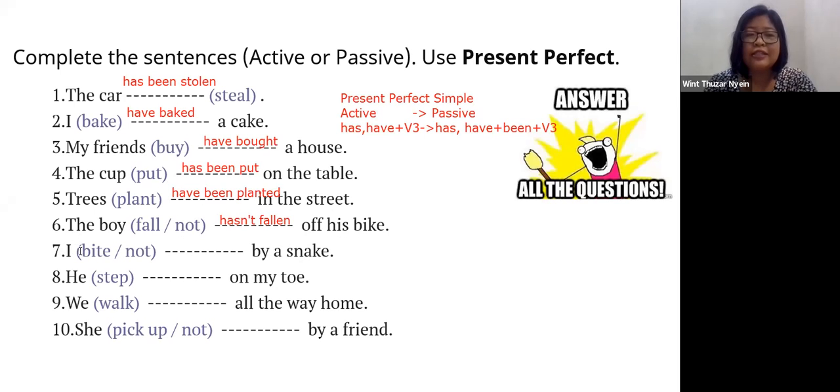You see that the subject is a person, but when you see the end of the sentence, buy a snake and bite, it is very clear that we people don't bite, right? So it will probably be passive: have been bitten.